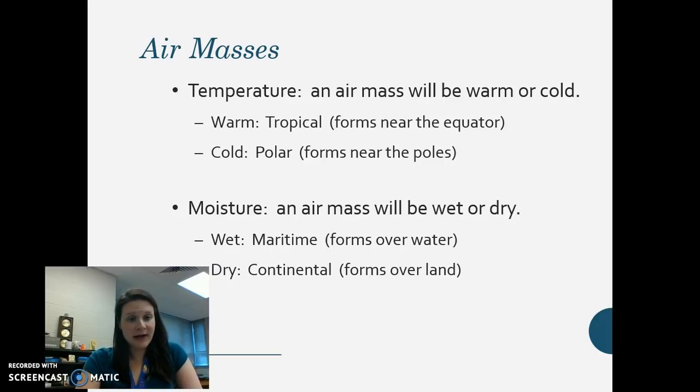And since an air mass is defined as having a specific temperature and a moisture combined, you're going to get a mixture of these two temperature and moistures together to give you one particular air mass. So that's what we're going to do next.